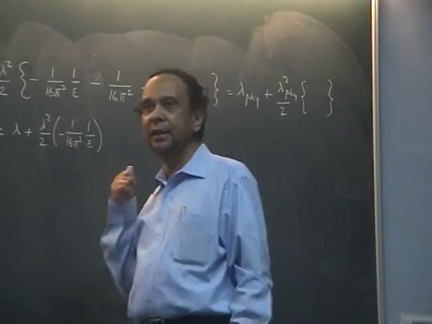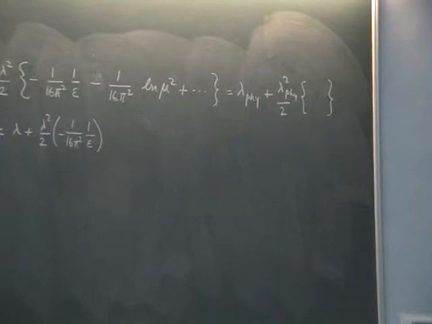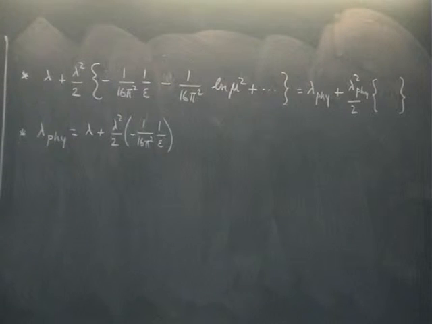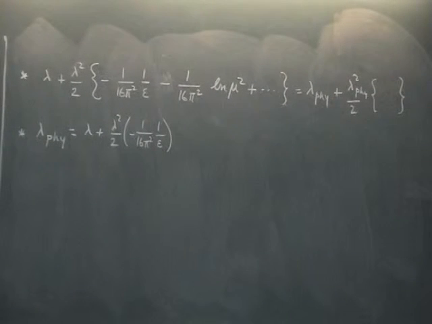Now, how do you get the running of the coupling constant? Here the way you do this is slightly different, but let me just make sure the sign conventions I have used are all correct. This is lambda physical minus 1 upon 16 pi square, yes, that is correct. And the final expression is this plus lambda physical square by 2 times that f phi, yes.